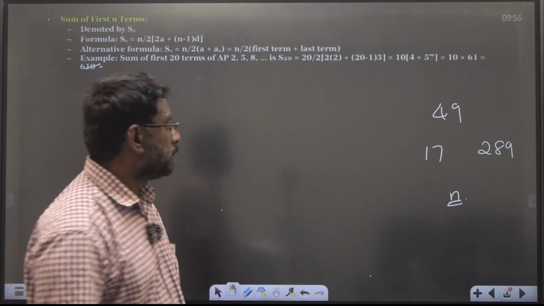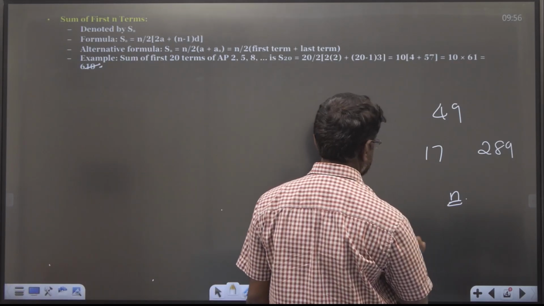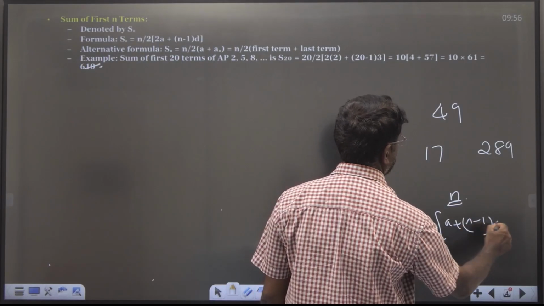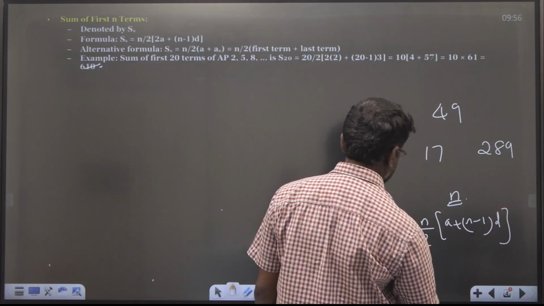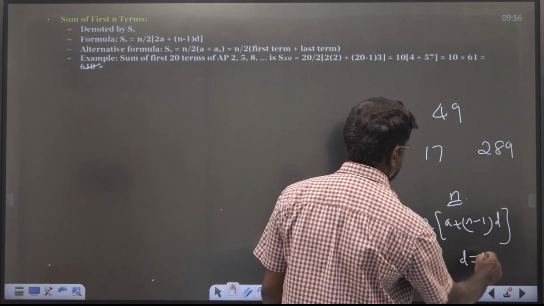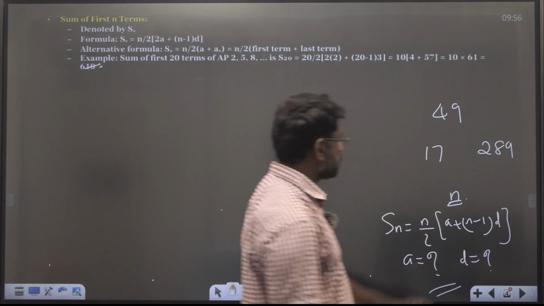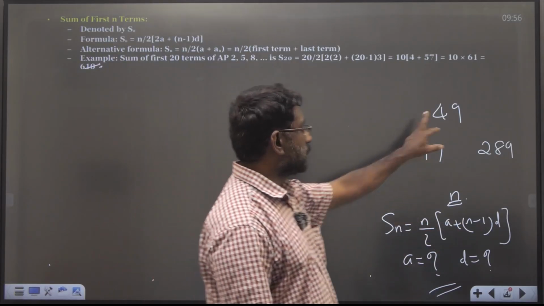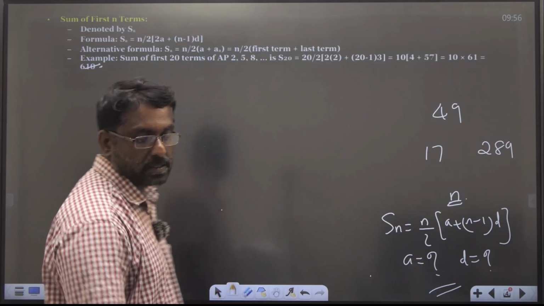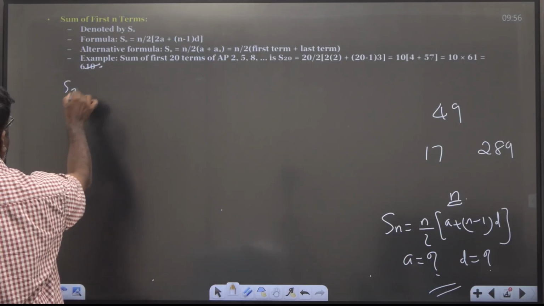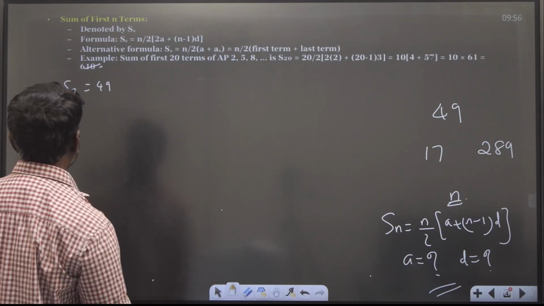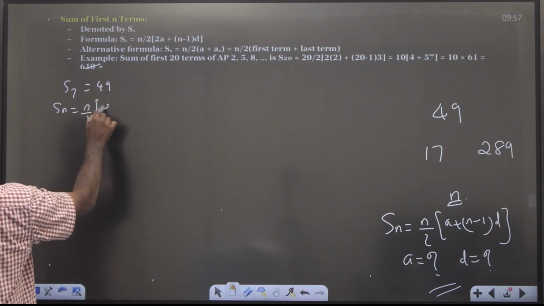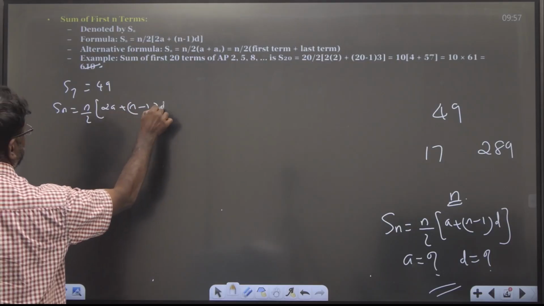So we have to find Sn is equal to n by 2 into (2a plus (n minus 1) into d). This is the formula. Here we have to find a and d, then substitute the values of a and d here, and you will get the answer. For that, 2 conditions are given. One is S7 is 49. Sn is equal to n by 2 into (2a plus (n minus 1) into d).